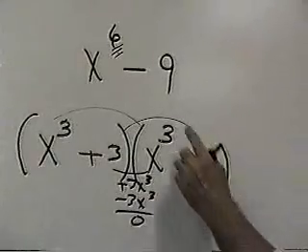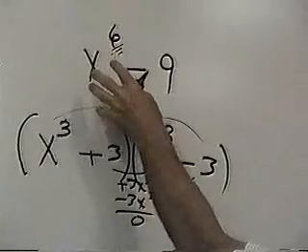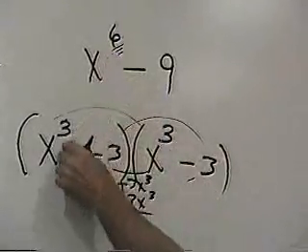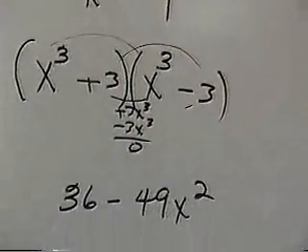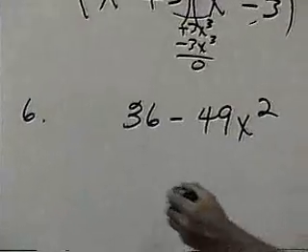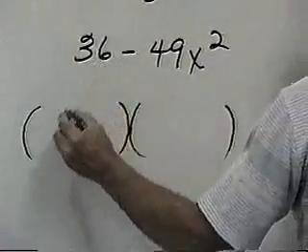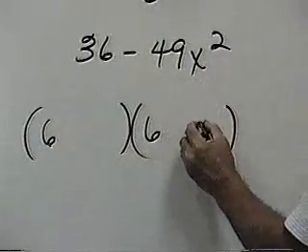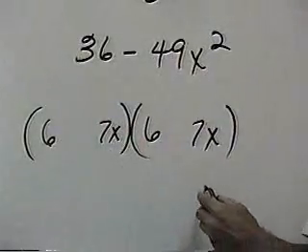So it doesn't always have to be a 2 here. What it has to have is a power that can be divided by 2. And then you just write those down. All right, looking at number 6. Okay, number 6, 36 is 6 and 6. 49 is 7x and 7x.